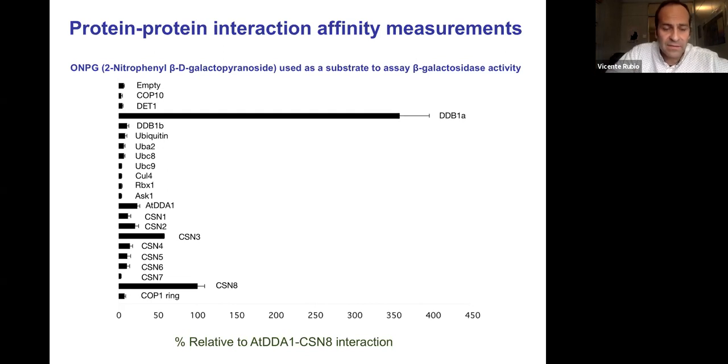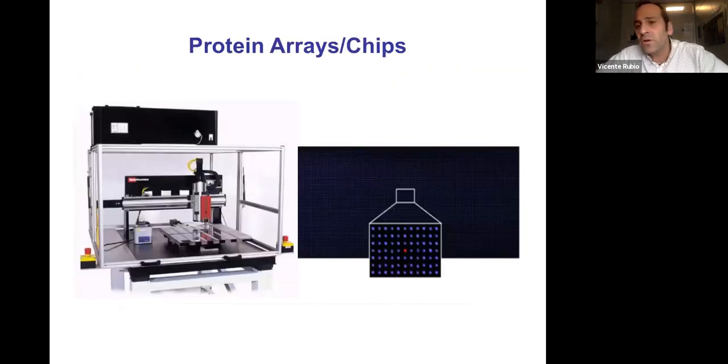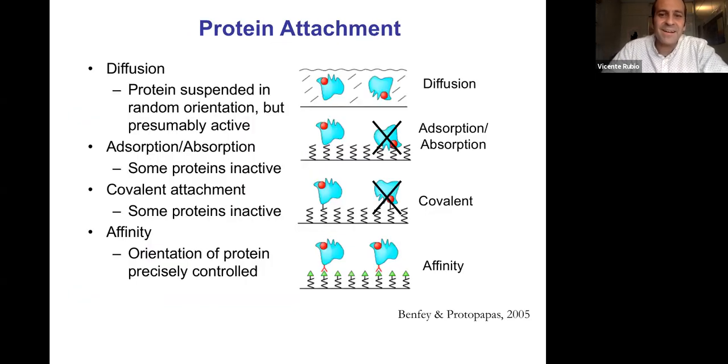And the other system, as I said, to look for binary interactions is to use protein arrays. This is maybe not so common now, not so fancy. It depends. Here, what we will try to do is to immobilize a collection of proteins onto a platform.